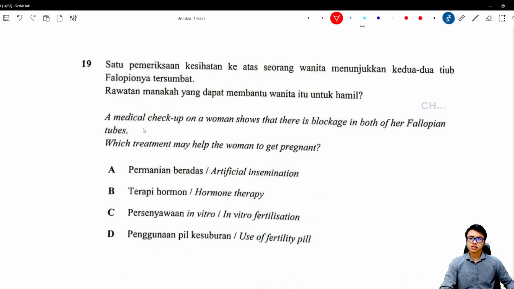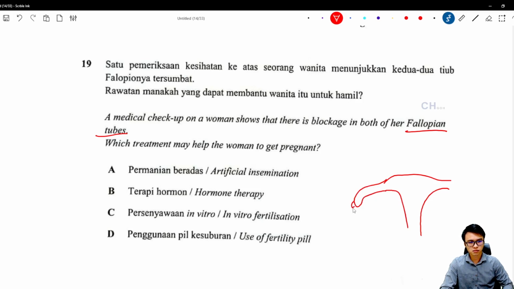Question 19. A medical checkup showed a blockage in both her fallopian tubes. If this is blocked, the ovum is not going to come out and it is not going to meet the sperm.